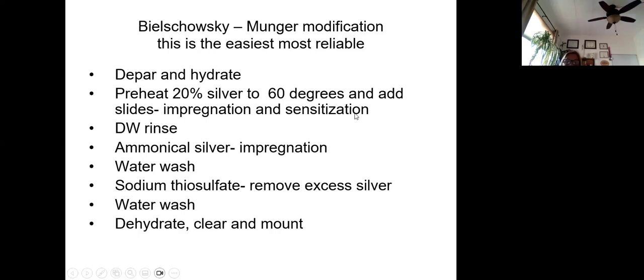This is an impregnation and sensitization step. The truth of the matter is it's used as a sensitization because it's a diamine with an ammoniacal silver. But if you were to pull your slides at this point and take a look at them, you would see that some of your axons are actually going to be impregnated. So that's why they say impregnation and sensitization.